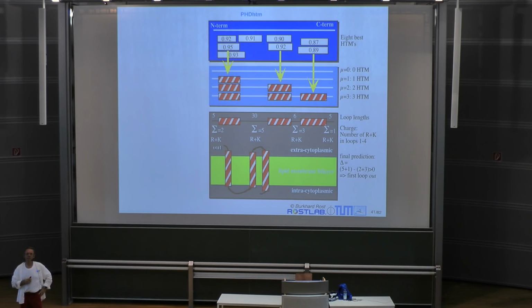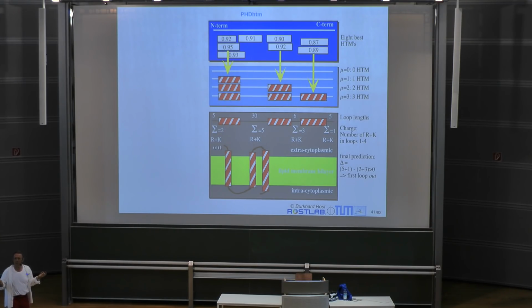So if you said that my protein has one transmembrane helix, then the answer is this one. Why? Because the 0.95 is the highest value.